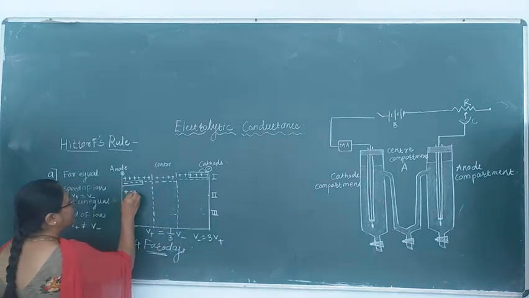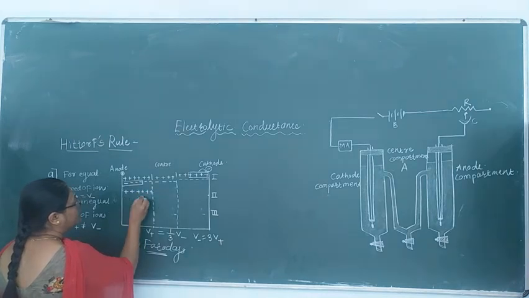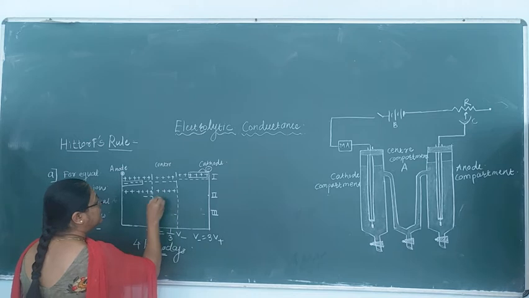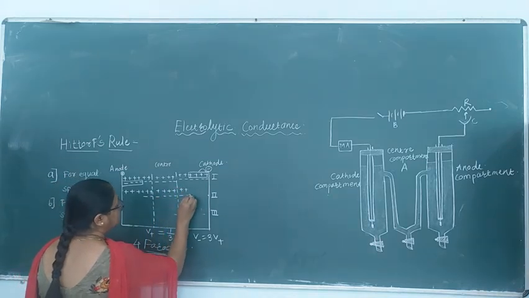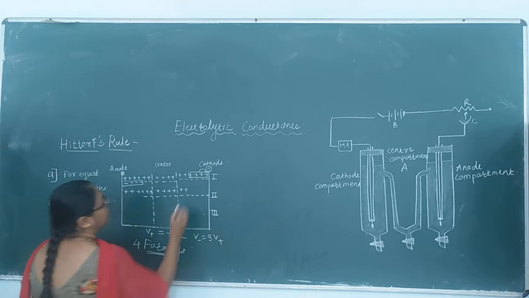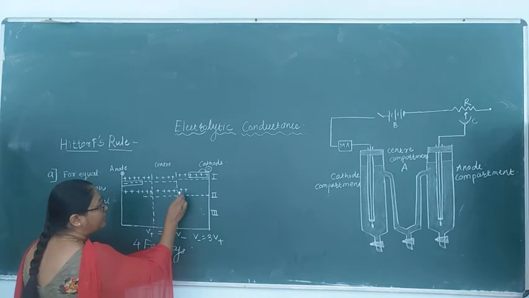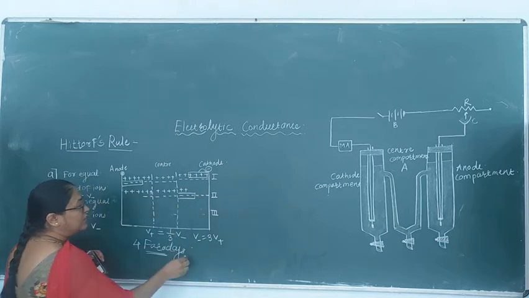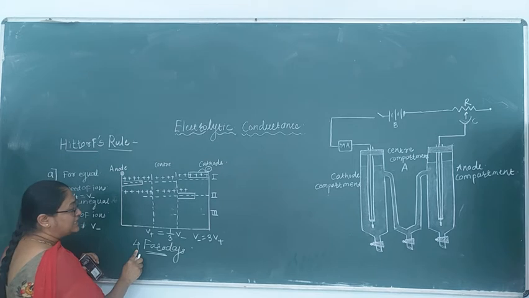Therefore, see, only 2 negatives are remaining. The central compartment is as it is, and the 2 positive and 6 negatives are remaining. As the negative ions are having more speed, thrice of them. Therefore, 3 equivalent, total is 4 Faradays.